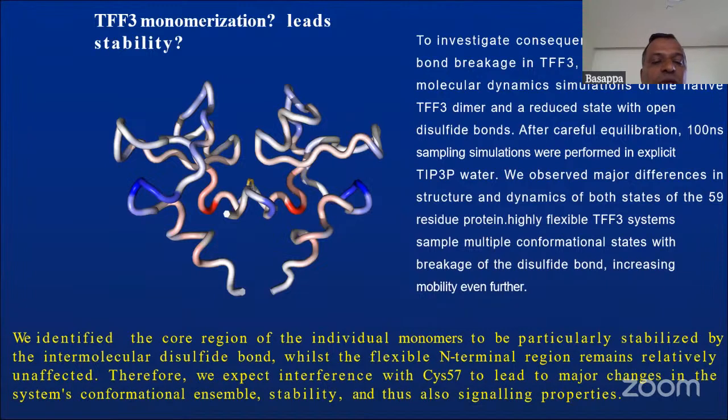If an inhibitor could monomerize the dimeric form of trefoil factor 3, that really works against it, which we observed.